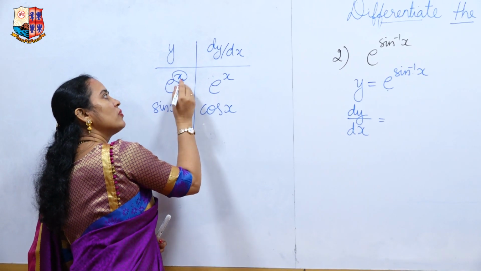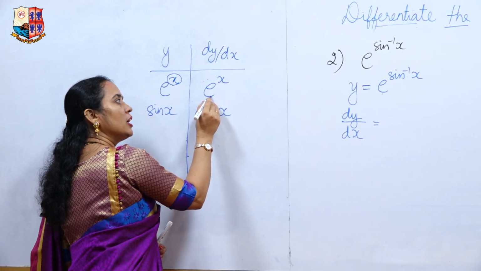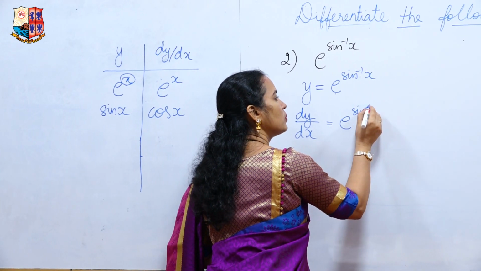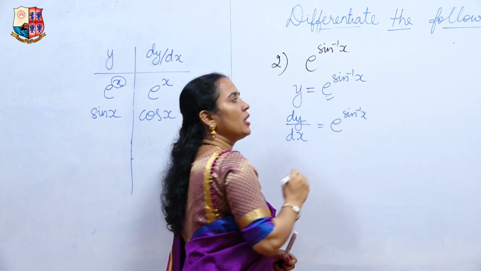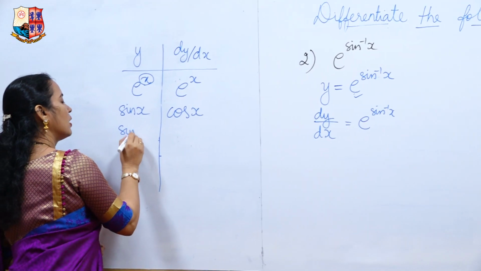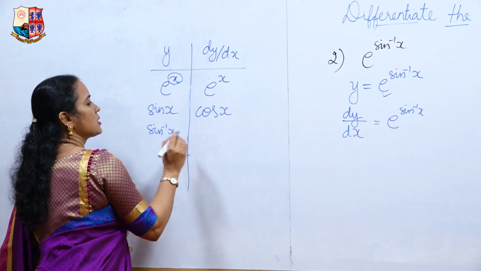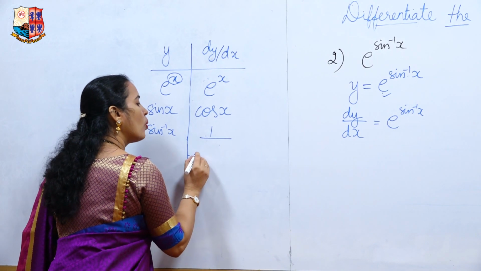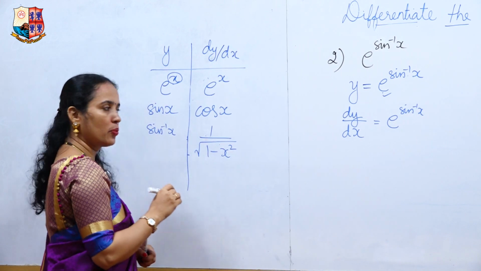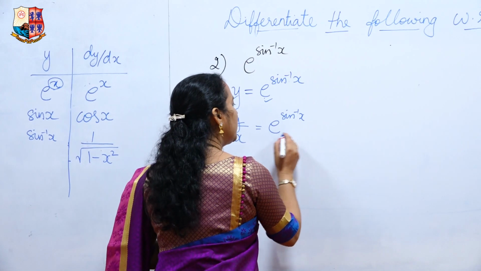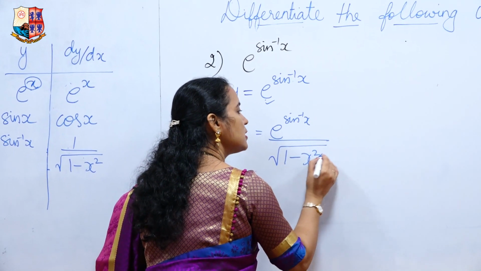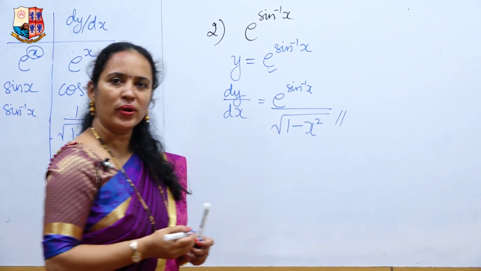So e to the power sin inverse x will be e to the power sin inverse x as it is. Write it down. So done with e. Next differentiate sin inverse x. Sin inverse x, when you differentiate, you will get 1 by square root of 1 minus x square. So into 1 by square root of 1 minus x square. Done? Quite simple.